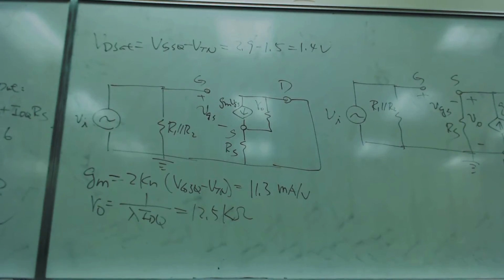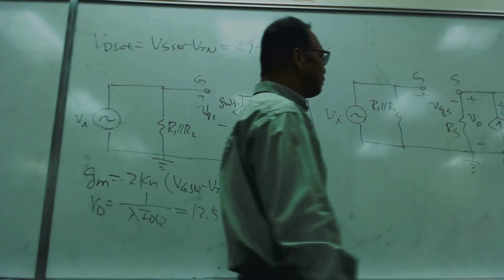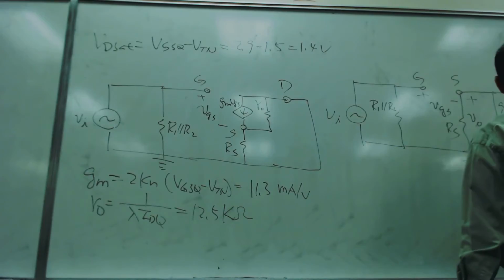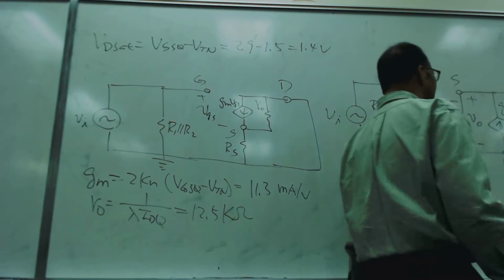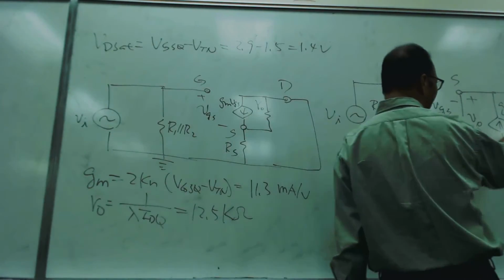Okay. Once you have that circuit done, you just have to go through the circuit analysis and some algebra. All right. So this is V sub O, correct? So basically, this and that are in parallel.